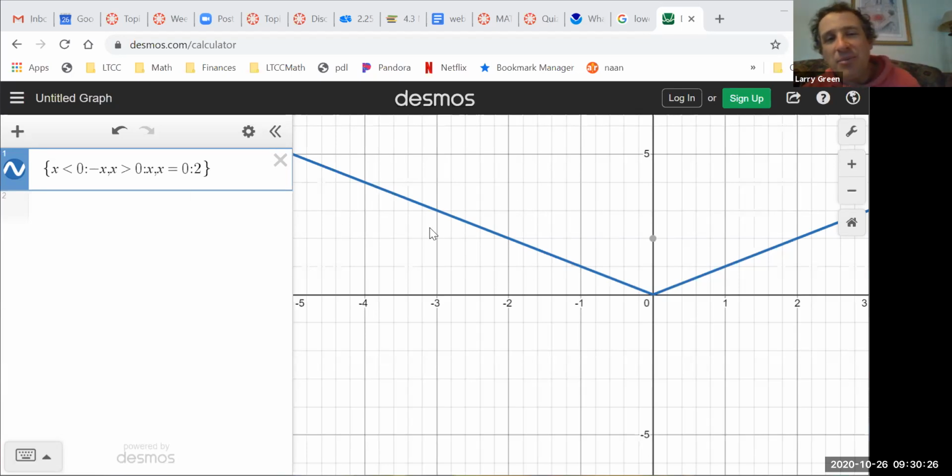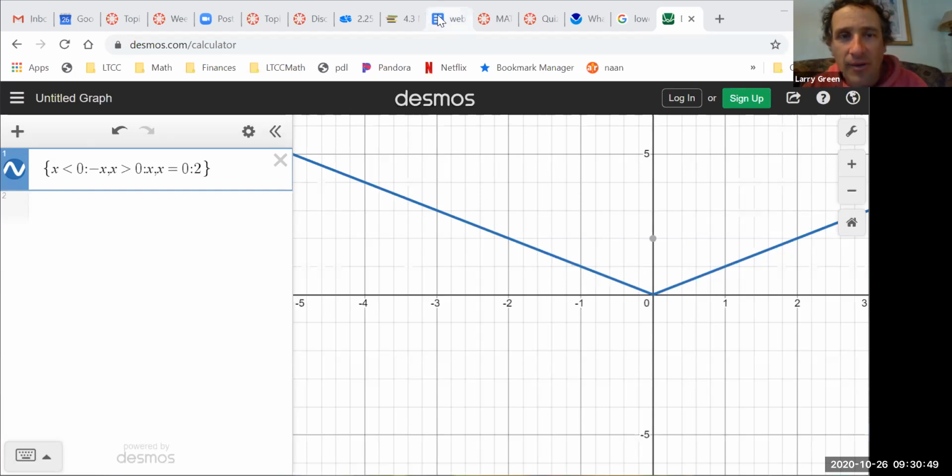So that brings us to the big theorem. And that says, if you're continuous, then you're good. If you have a continuous function on a closed domain, as we call it, then there's always a global maximum and there's always a global minimum.